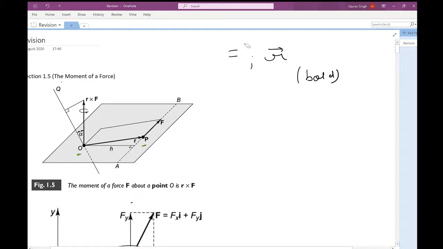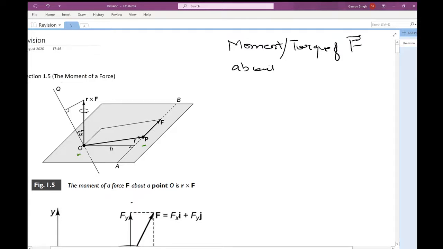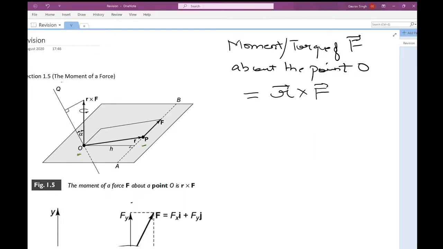So you say the moment of a force, or the torque as it's called, of F about the point O, is equal to R cross F, where the cross sign shows it's a cross product between two vectors.